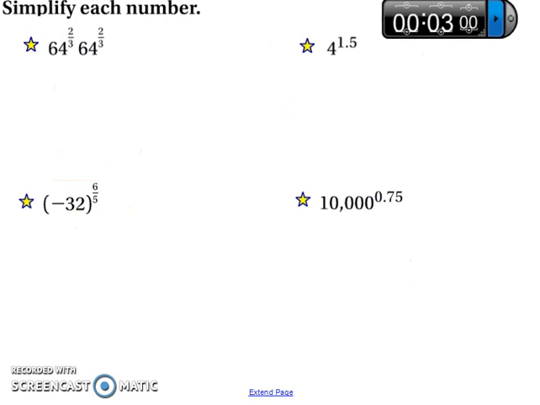So now that we're simplifying each of the numbers, we have 64 to the 2/3 times 64 to the 2/3. Because the bases are the same, we're going to add the exponents.